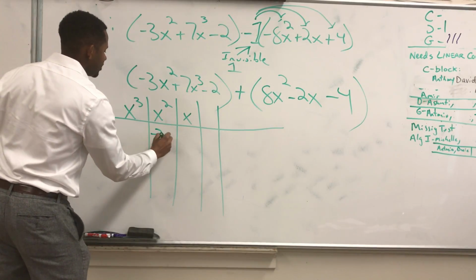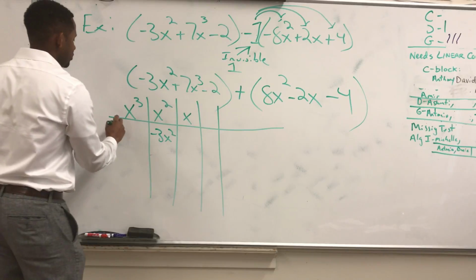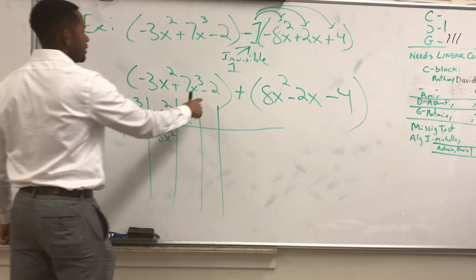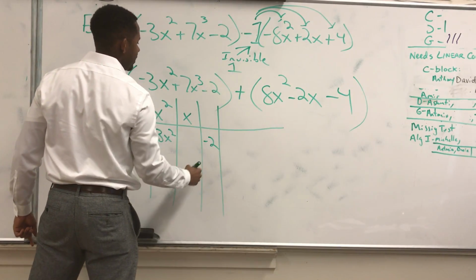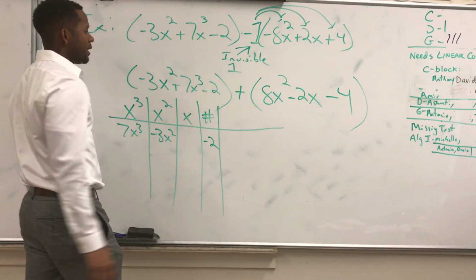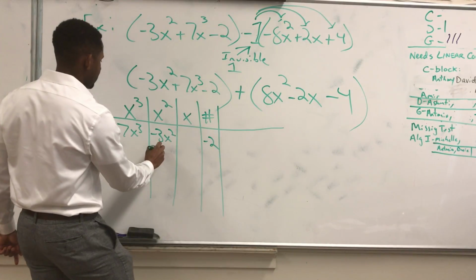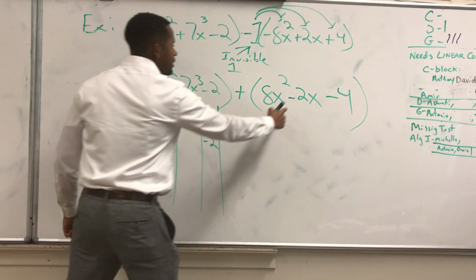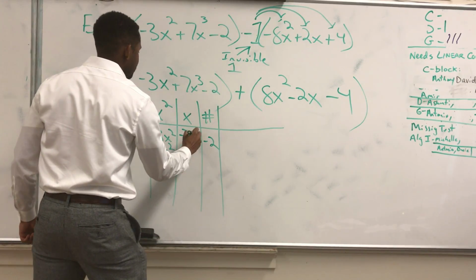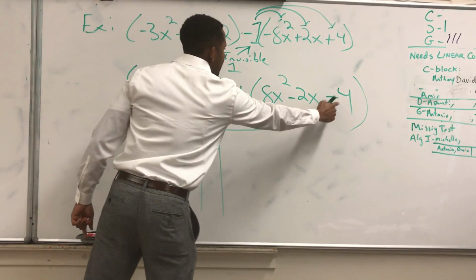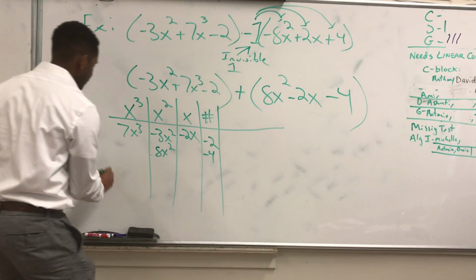And now I'm just going to put things in the spots. -3x squared, that's an x squared spot. 7x cubed, there's an x cubed spot. -2, there's a regular number spot. 8x squared goes in the x squared spot. -2x goes in the x to the first spot. -4, boom.